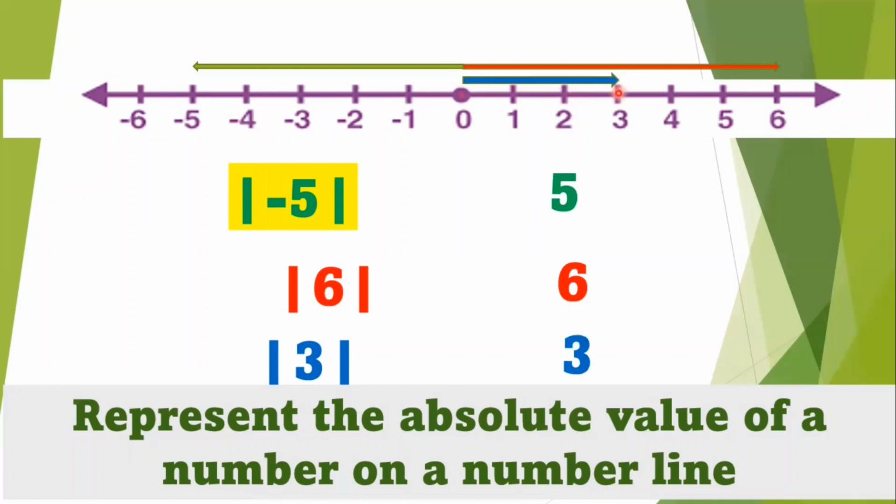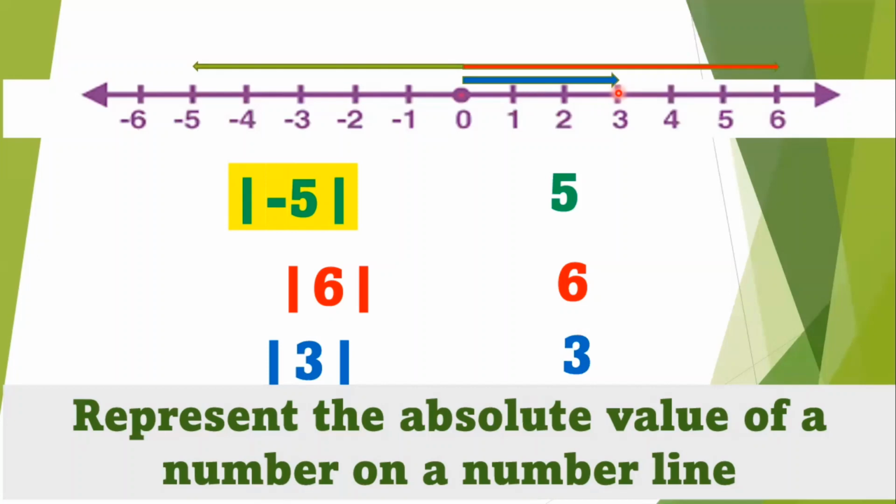So, ganun lang natin nire-represent ang ating absolute value of a number on a number line. So, pinapakita lang natin siya in a form of line. Nagsisimula siya sa 0, papunta sa ating number na hinahanap ang kanyang absolute value. So, this is how we represent the absolute value of a number on a number line. Madali lang ba? Di ba madali lang naman?